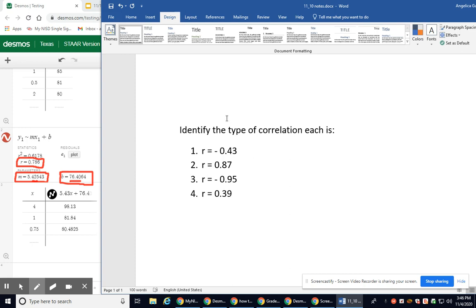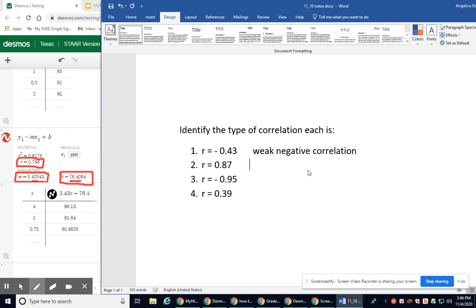And when you're looking at the R value, it's telling me how closely this data is related. So here, if I have R equals negative 0.43, well, negative 0.43 is closer to 0, so it's not closer to negative 1. So this would be a weak negative correlation.